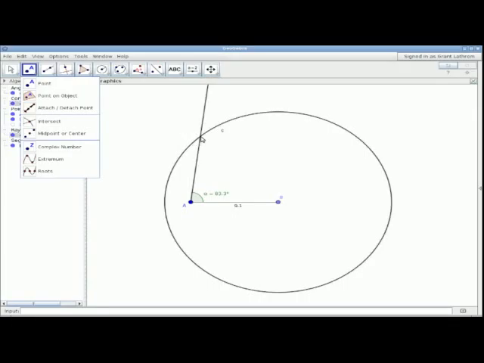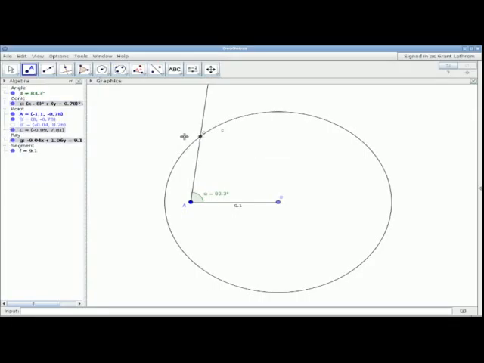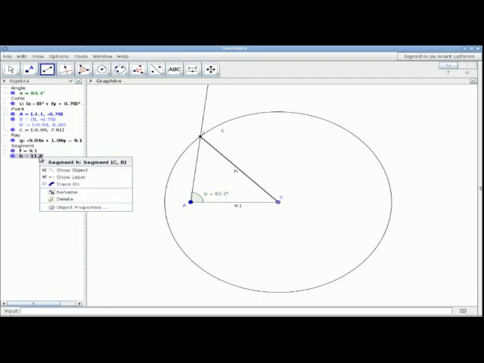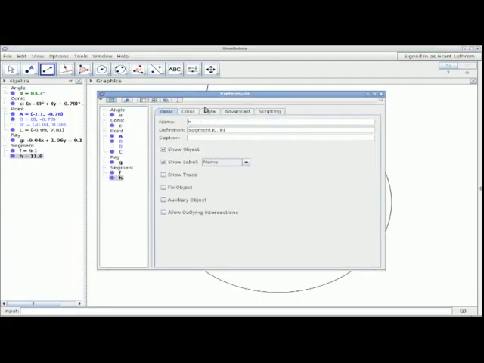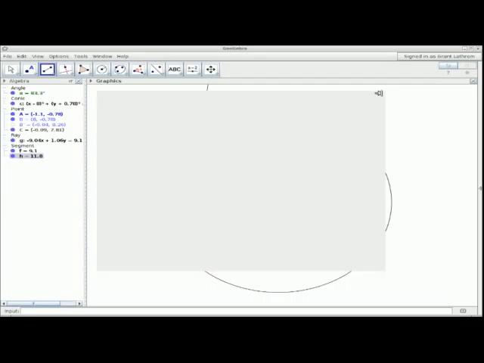So if I have this triangle right there, and I draw the line segment from C down to B, I have one and only one triangle. Let's show the values that we have here now.